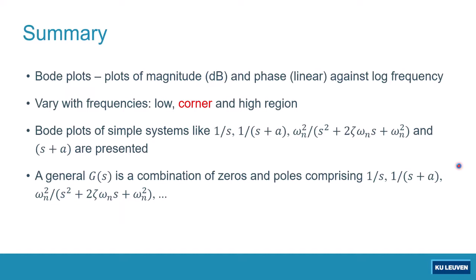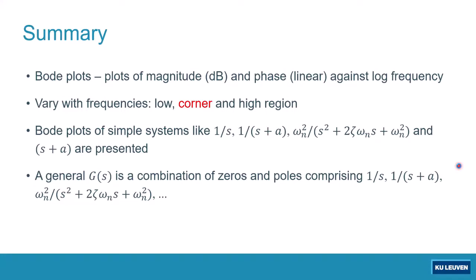What do I mean by corner? I will explain it in a bit more detail in the next short video, but in short, the corner frequency is the frequency at which the magnitude plot will change the direction of the plot significantly. We will come back to that in the next short video.